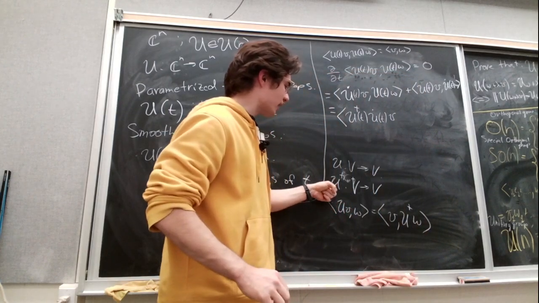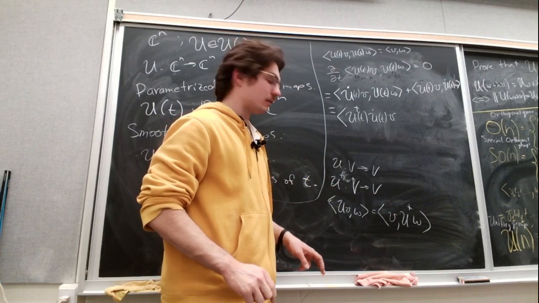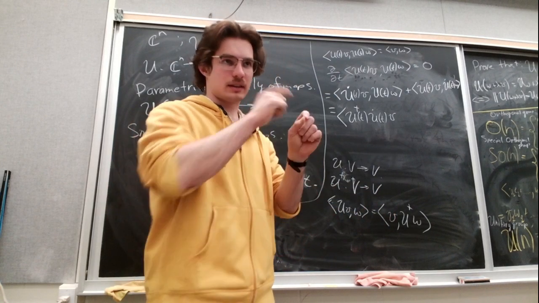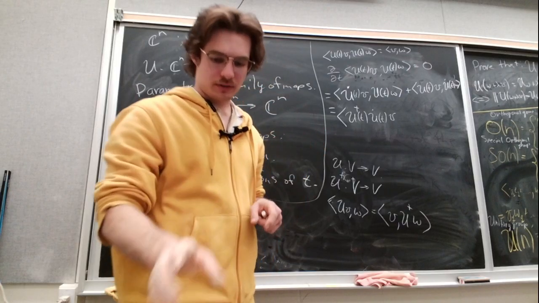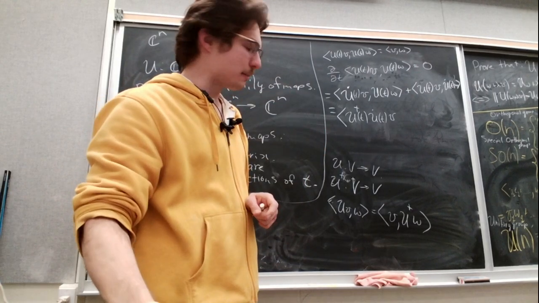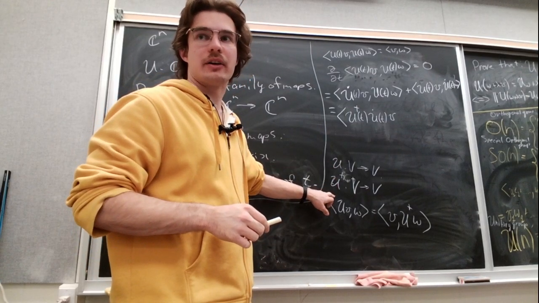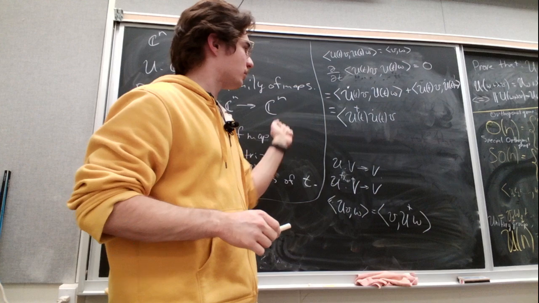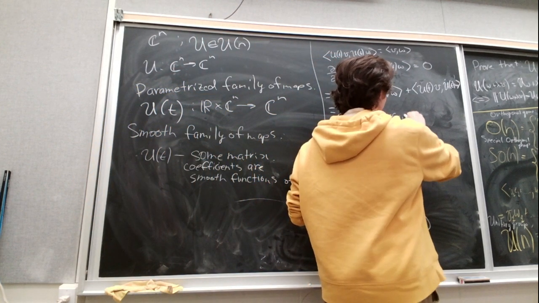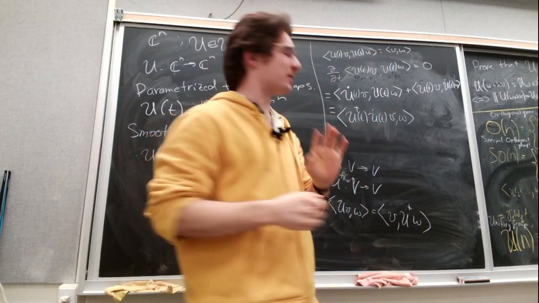So u dagger is an operator that does this. Okay, I flip it onto the other entry and it preserves the inner product. So for every u, there's an associated u dagger that I can swap between the entries. Yes. Okay, I remember now the point. Okay, very good.